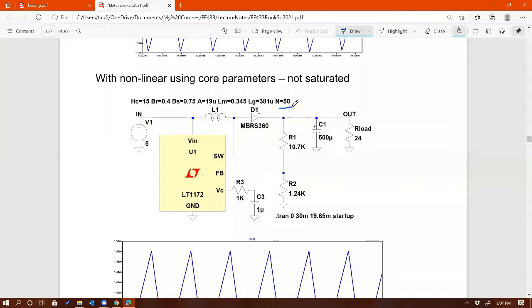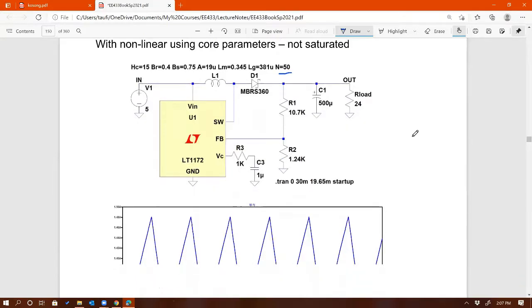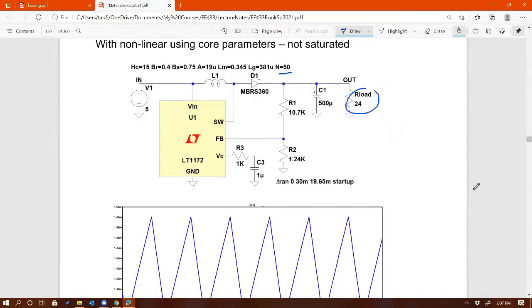Number of turns is 50, air gap, and then mean path length, and then the cross-sectional area of the core, saturation flux density, remnant flux density, and then coercive flux, coercive magnetic field intensity, right? The same load, 24 ohms.